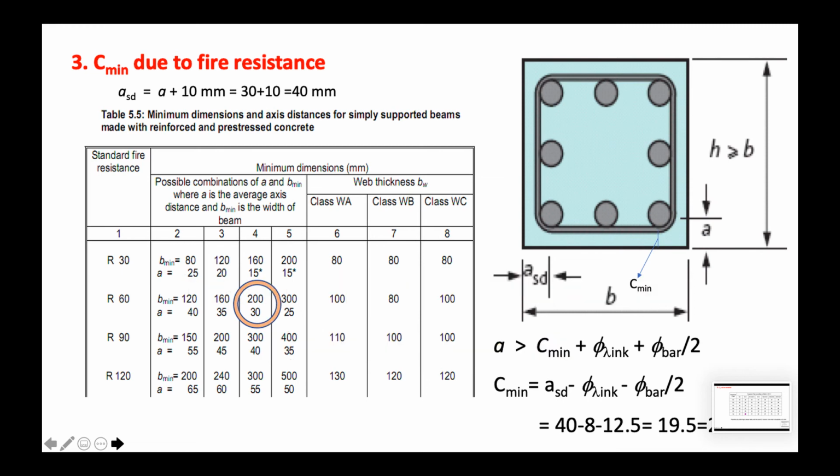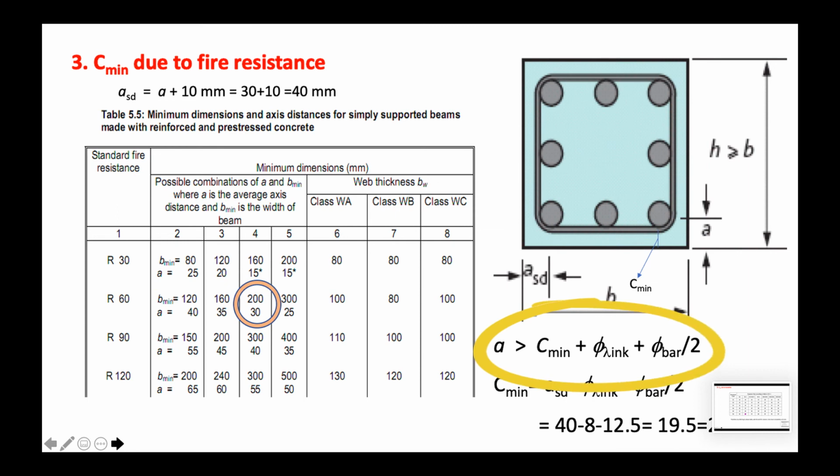So the value of a can be obtained from interpolation between 200 and 300 b, or we just use 200, which results in a equal to 30. The relationship of a with C min, link diameter, and diameter of the bar can be seen in the picture.